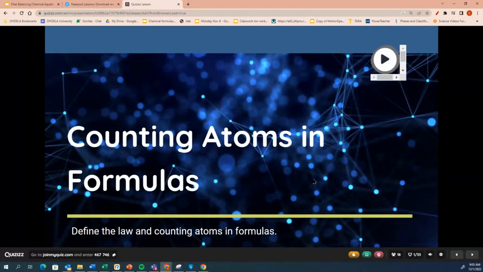All right, so counting atoms in the formula. The law of conservation of mass is really important, so that is what we're talking about. When you have the reactant side and the product side, the number of atoms and the kind of atoms you start with have to be the same.